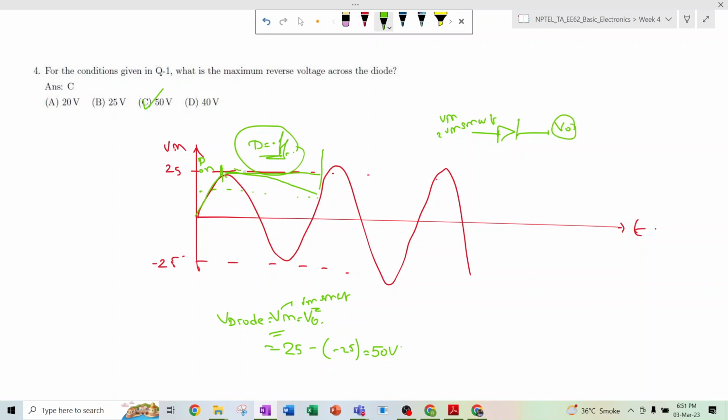So the capacitor is discharged like it is now, it is 23 volt, but maximum it can retain its own charge if the value of R is very high, then the time constant is very high, so it will discharge a little bit, so it can be close to 25 volts. So 25 minus of minus 25, that means this 50 volt can appear as a maximum reverse voltage across the diode.